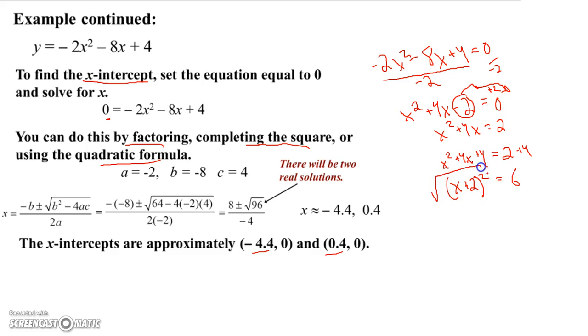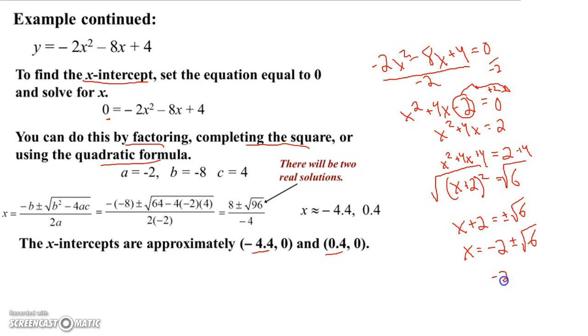Now, use our square root property, and I can say x plus 2 equals plus or minus the square root of 6. I can't simplify the square root of 6 any further. There's no perfect square factors of that. So I can simply say that x equals minus 2 plus or minus radical 6. Which, you plug that into your calculator, you're going to have two values.